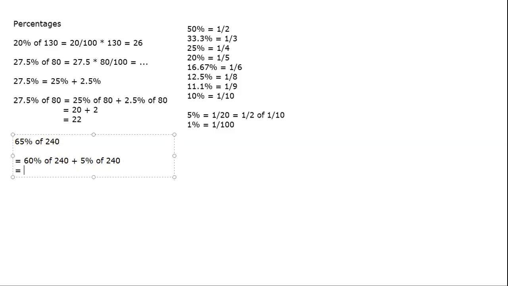As soon as we have that 60%, we understand that we have 3/5, because 20% is 1/5. So it's 3/5 times 240, and 5% you know is now 1/20th. So it is 1/20 times 240.